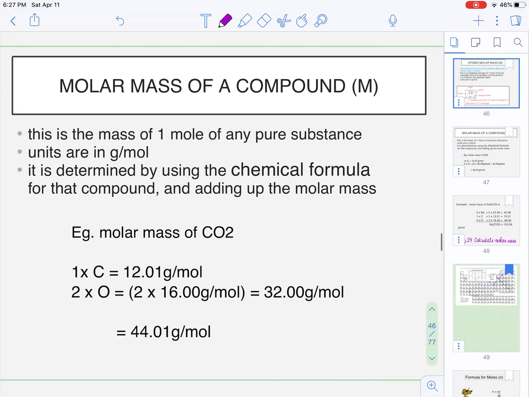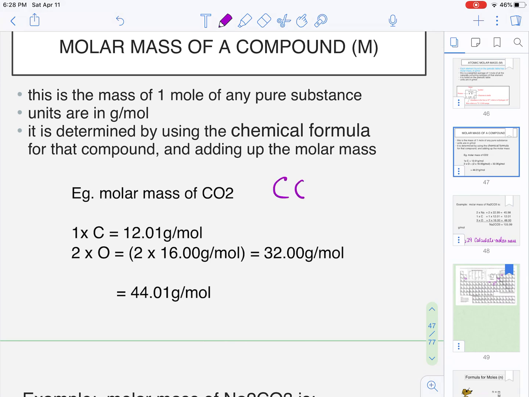And what we have to do in today's lesson is just look at how we get a molar mass of a compound. So to get a molar mass of an element, 1 atom of an element, you just look at the periodic table and check out that molar mass. If it's a compound though, like carbon dioxide that's in this example, you actually have to go to your periodic table and add them up.